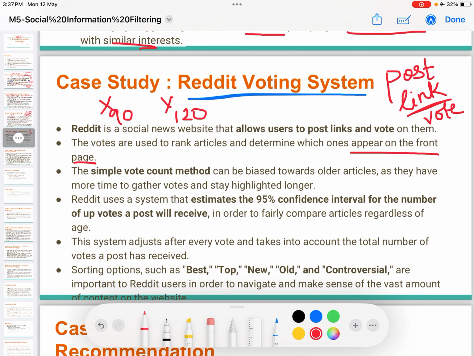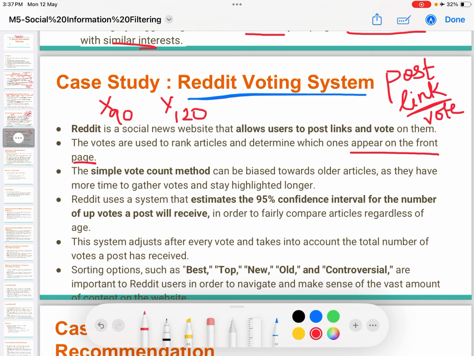Correct? Now, the simple vote count method can be biased towards older articles as they have more time to gather votes and stay highlighted longer. So for example, like I gave the example of X and Y. Suppose the Y article was published on Monday and let's say the X article was published on Wednesday.